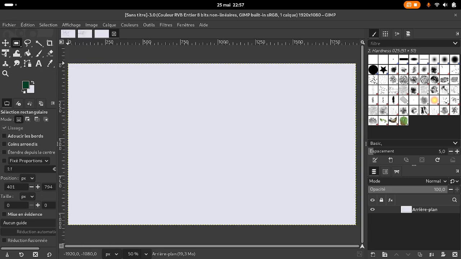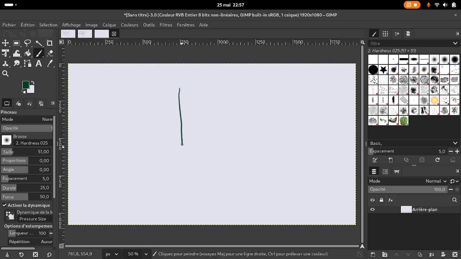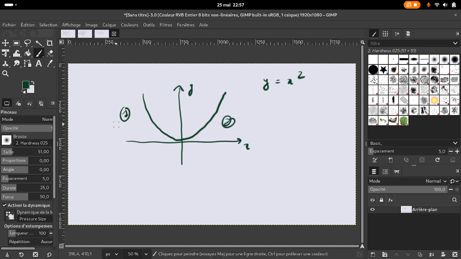Now a function we start to know, it is this function, the squared function. So it is doing something like that. We can see that there are two parts of this function, 1, 2. Here the function is decreasing.